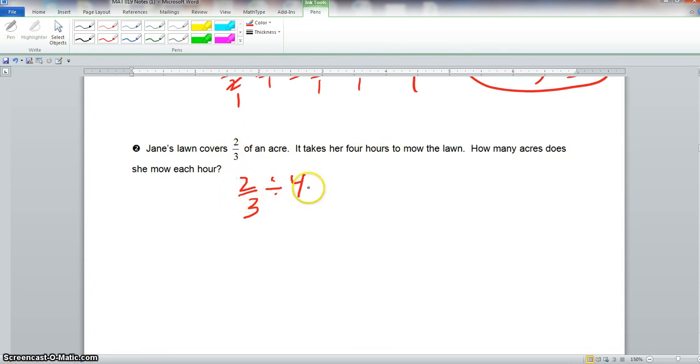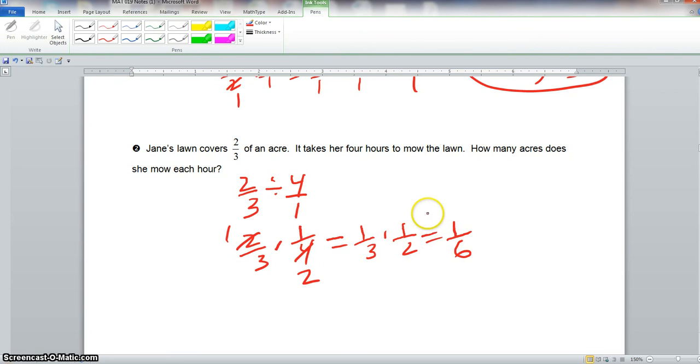So we would take 2/3 divided by 4. We'll make this 4 over 1. So we have 2/3 times, take the reciprocal, which is 1/4. Multiply, well, we could simplify. 2 goes into 2 once. 2 goes into 4 twice. So we have 1/3 times 1/2, which would be 1/6.